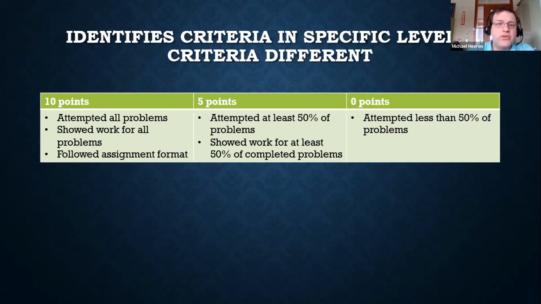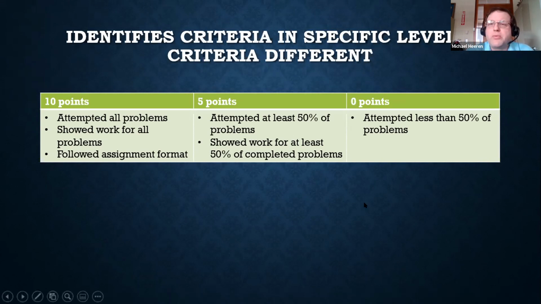So if a student did attempt all the problems, but they only showed work for, say, 75%, I can justify why it's a 5 as opposed to jumping down to the 0, because I don't want students to get 0 because a little bit was off. So you have to make sure that you have that phrasing in here to help out.